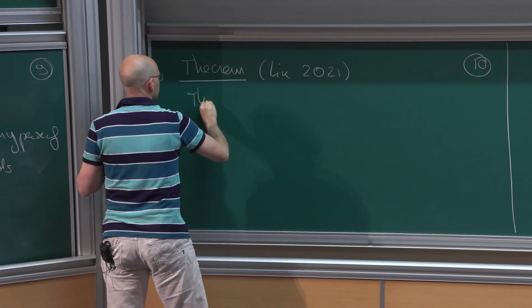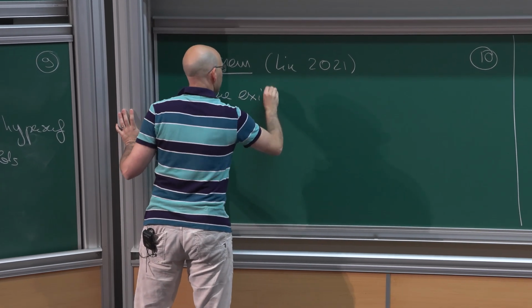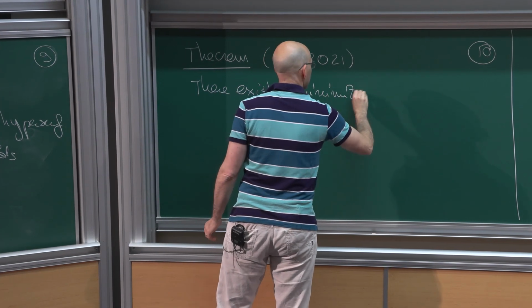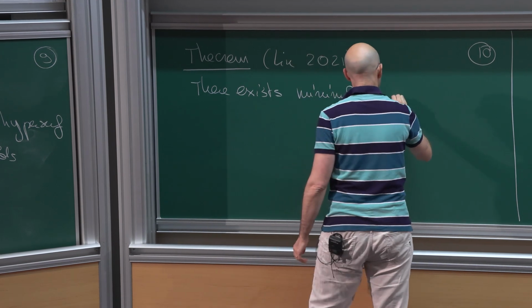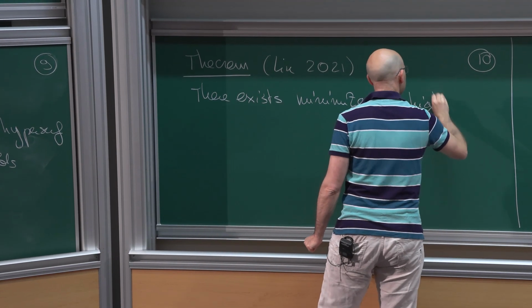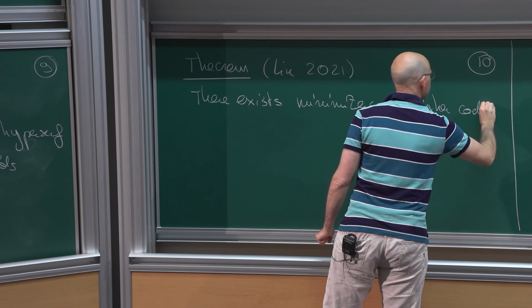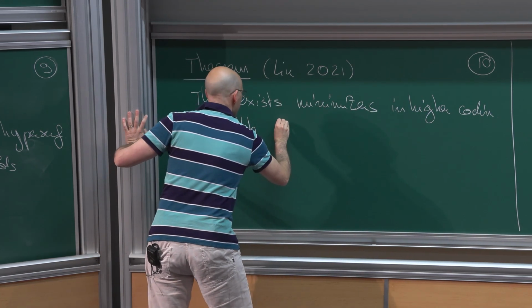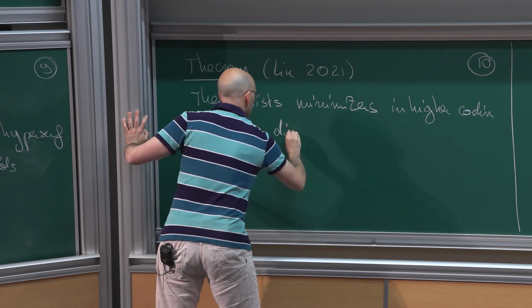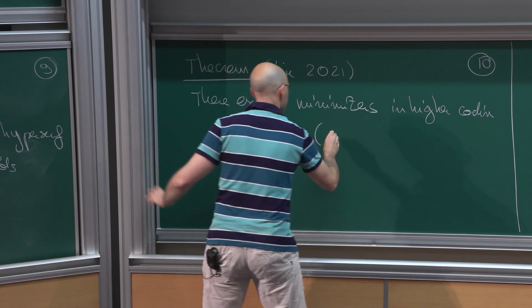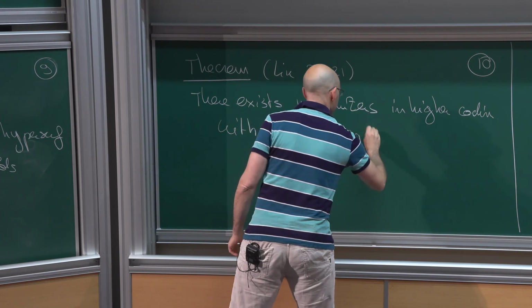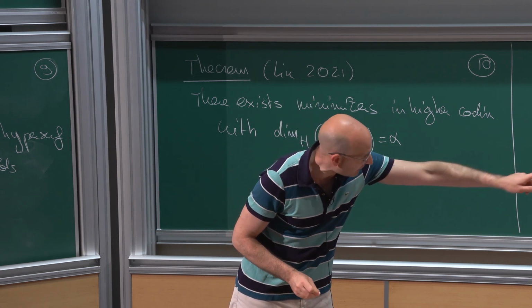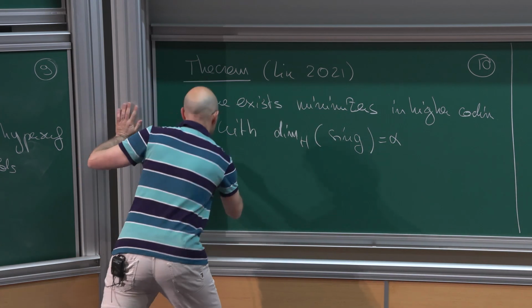So there exist minimizers in higher codimension who have a singular set with arbitrary dimension, as long as this dimension is prescribed to be below the bound that we have from Almgren's theorem.